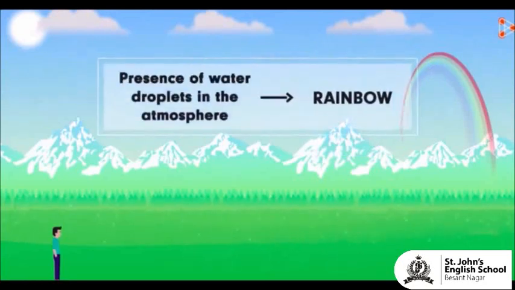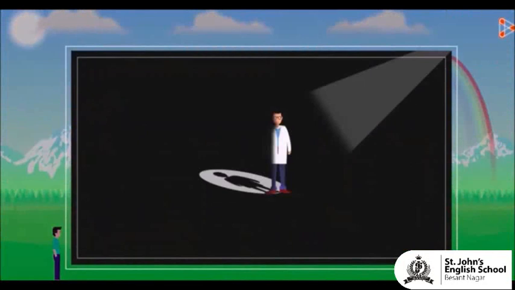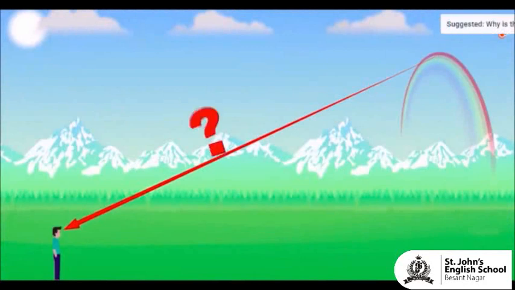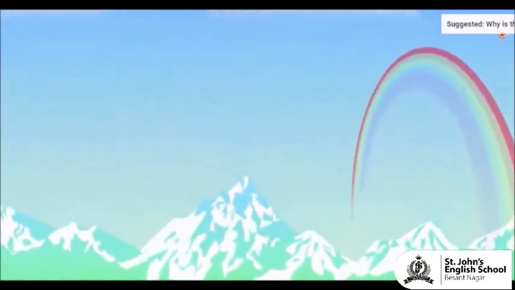So, with the presence of water droplets in the atmosphere and sunlight, a rainbow comes. The rays reach the observer's eye. The rainbow is formed on the opposite side of the sun.